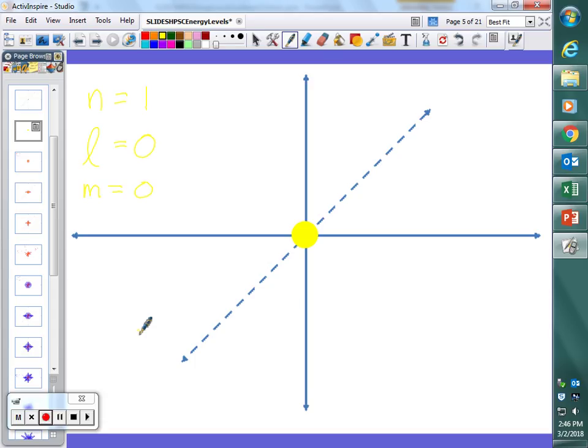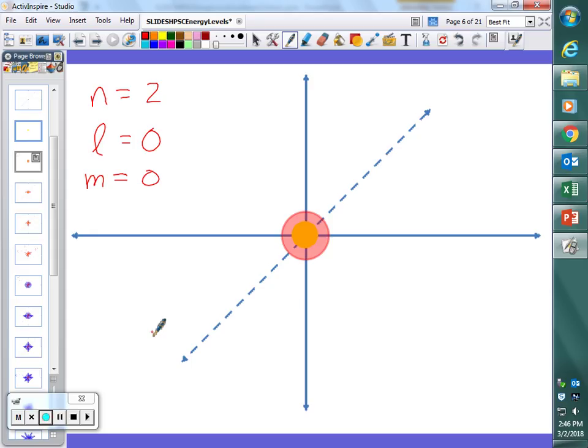So then, here, what shape is this one? It's a sphere. L is equal to 0, but if L is equal to 0, m is equal to 0. How many red spheres are there on the whole picture? 1.